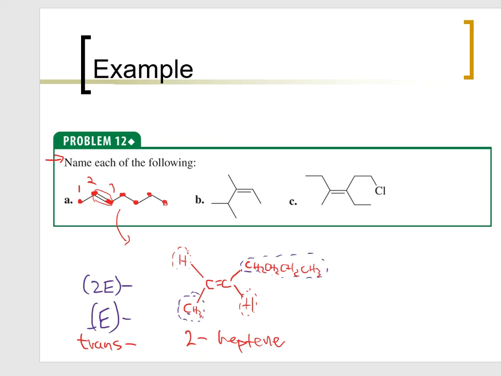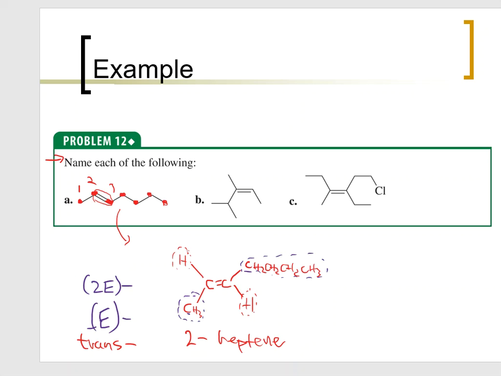That's why this is okay with leaving it off. But if there was more than one double bond, then I would for sure put the number in front. That way you would know which double bond has which orientation. So in this example, there it is. The name, the proper name, is trans-2-heptene or (E)-2-heptene.